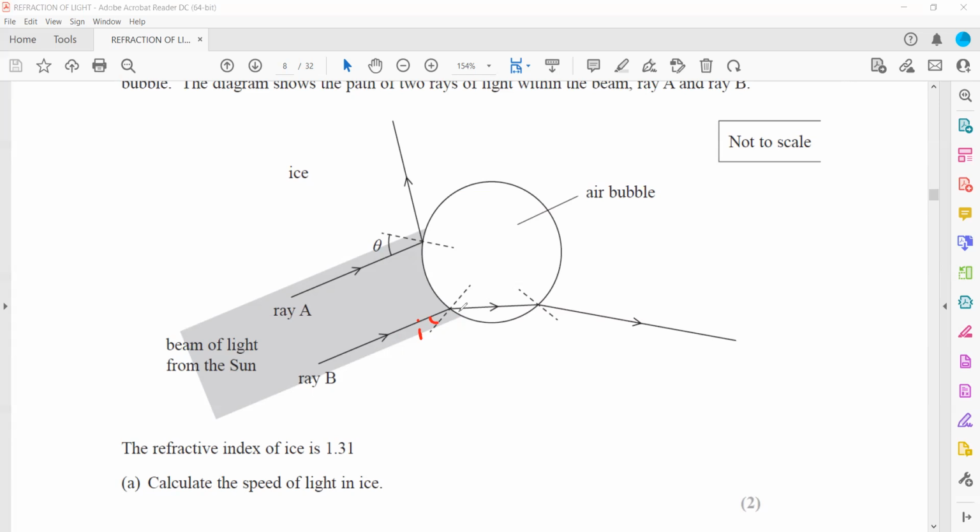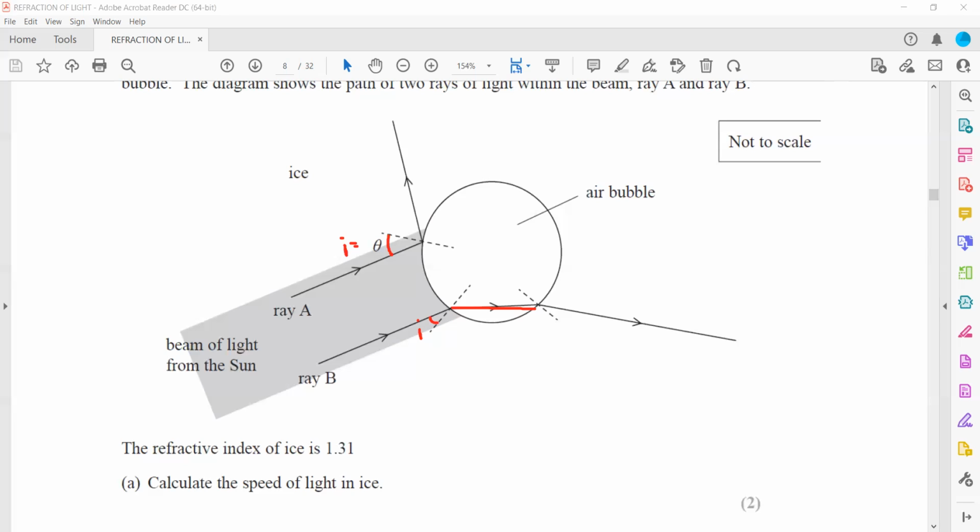If the angle of incidence is less than the critical angle, it refracts. But for ray A, you can see a reflection occurs, because its angle of incidence is more than the critical angle. That's why the ray of light is reflected. So the angle of incidence is less than the critical angle for ray B.